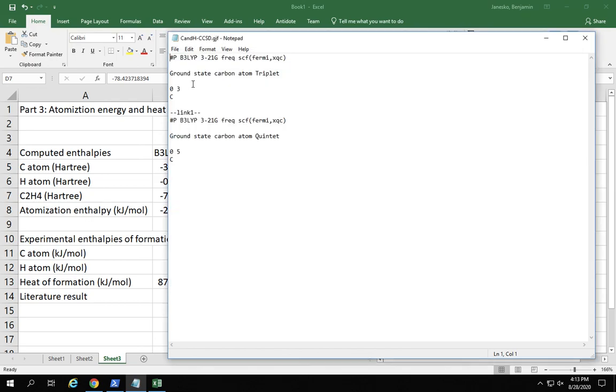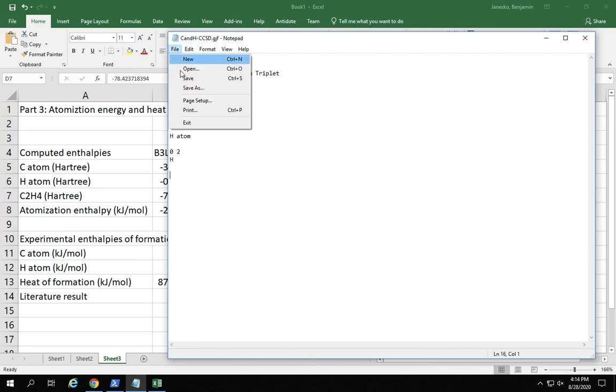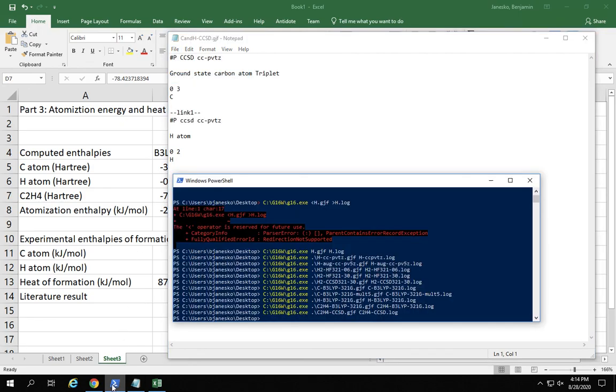Make sure I leave enough lines. This Link 1, by the way, in the input file means do one calculation and then do another calculation. So we're going to save that. We're going to run that calculation.